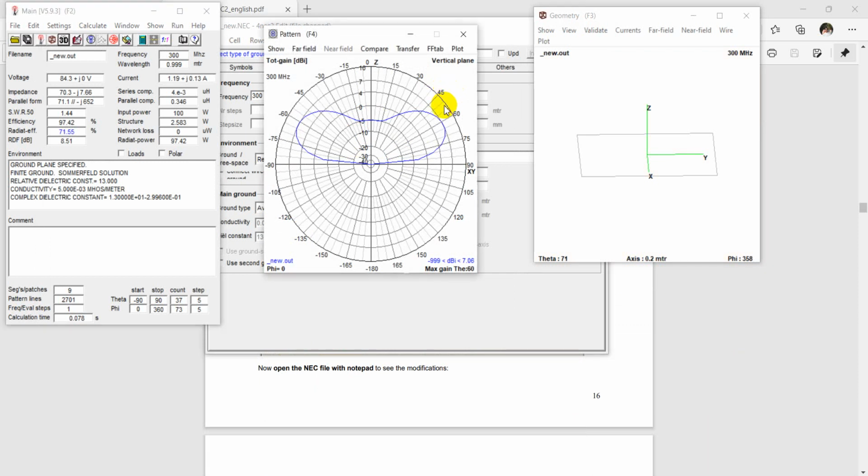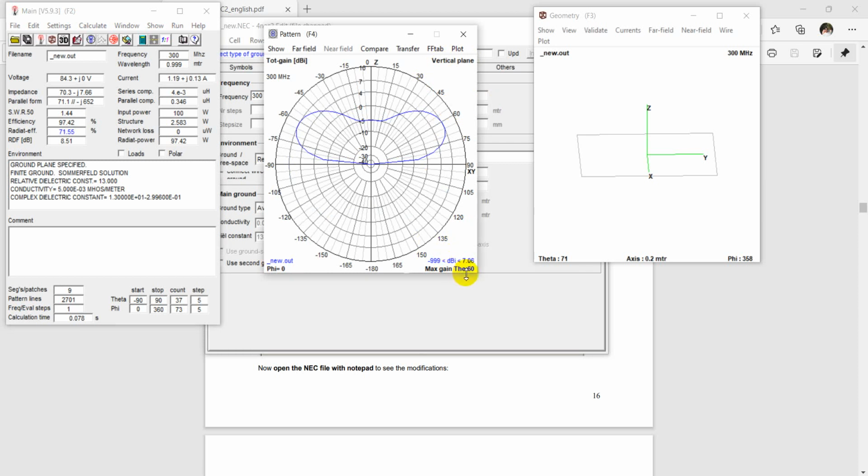If you press the upward and downward button, you will find the radiation pattern in the horizontal plane, and you can find the vertical plane by pressing the spacebar again.